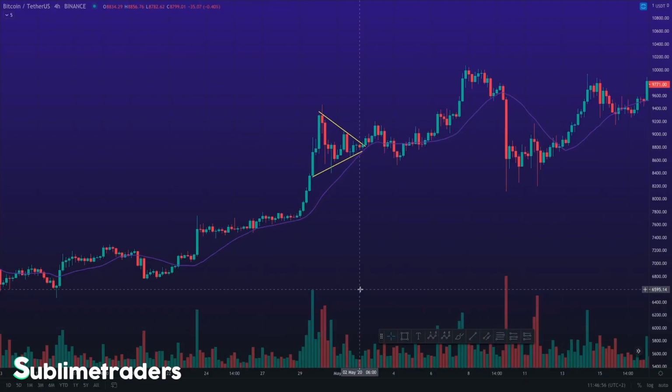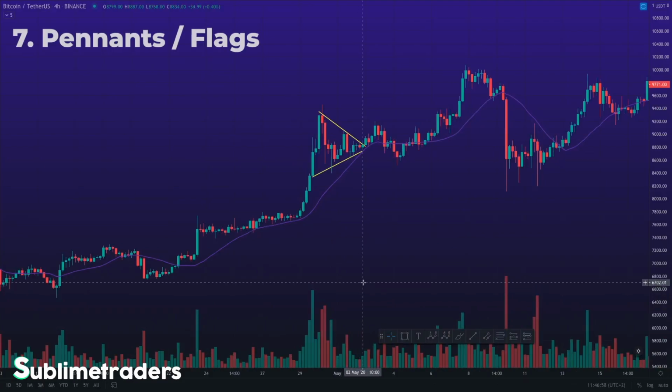Next up, we have the pennant or the flag formation, which usually happens after the price action has seen an increase and then a consolidation period. Of course, this formation can be bearish also if the price action goes the other way.